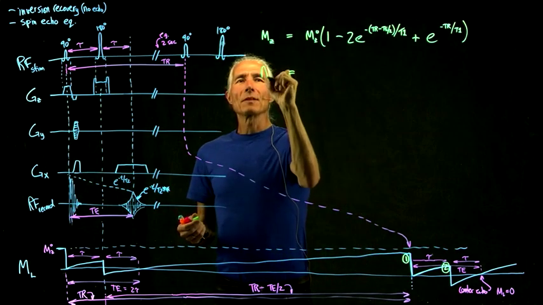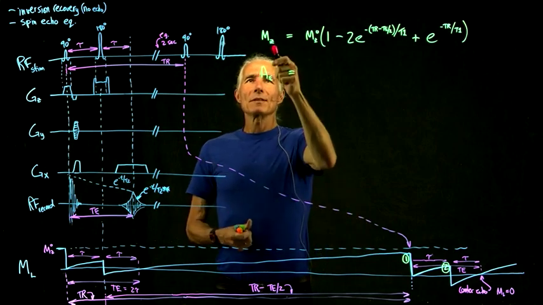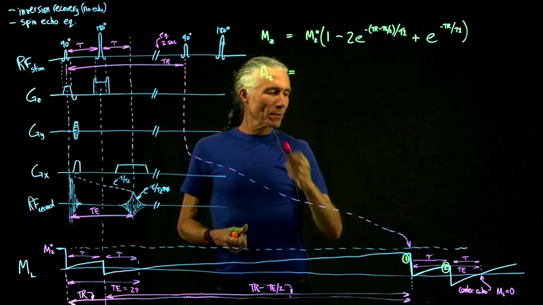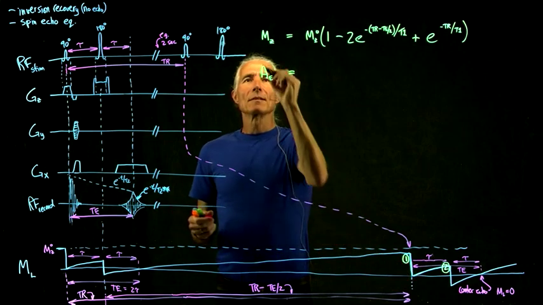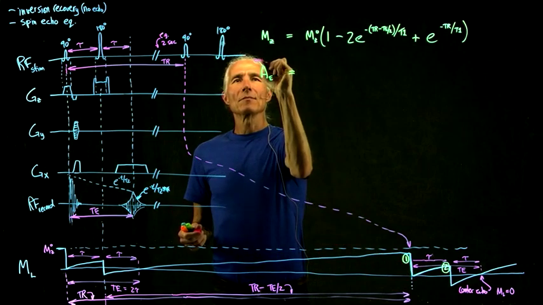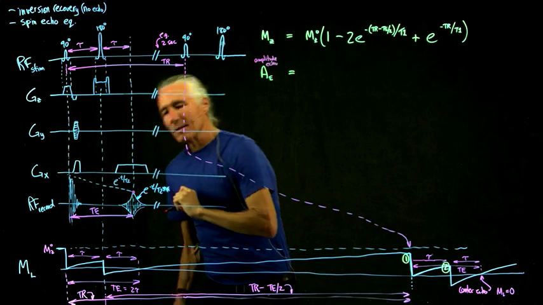If we look for the amplitude of the echo, so that's the... So this guy was the Z magnetization, but once we've turned it into transverse, this guy is the amplitude of the echo. What we're trying to do is figure out this number there.